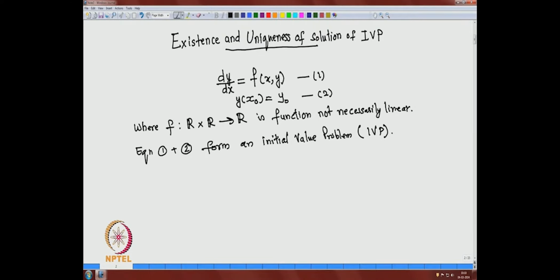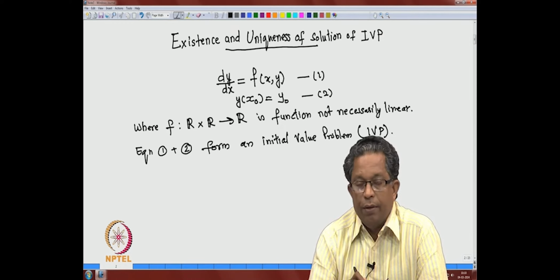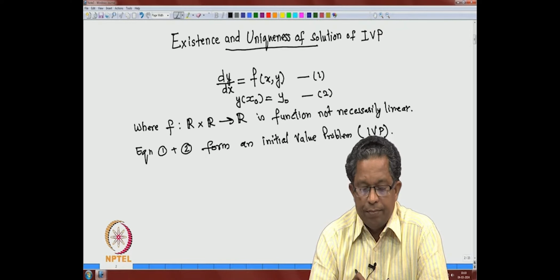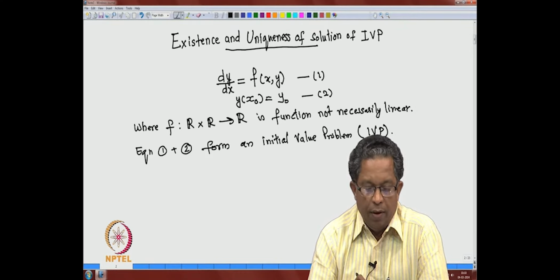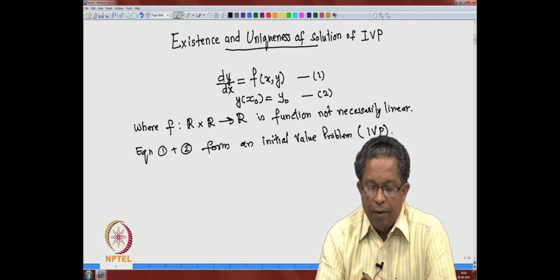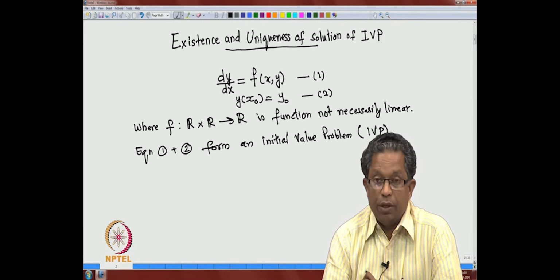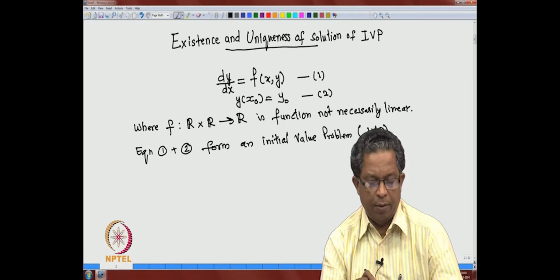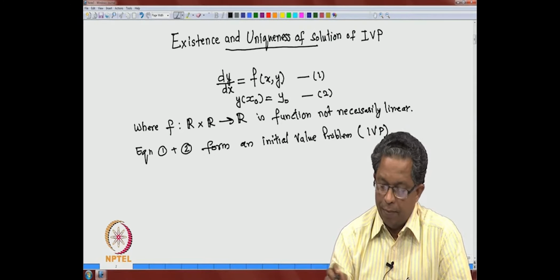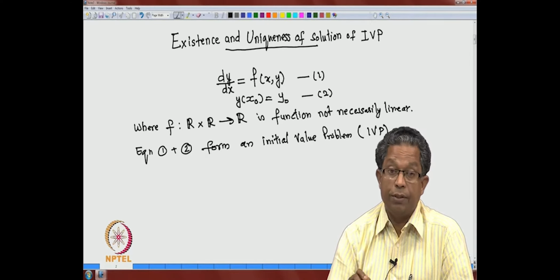If the solution exists, will that solution be unique, and also will the solution vary continuously with respect to the initial condition y0? These are the major three problems which we will discuss in detail in this session.